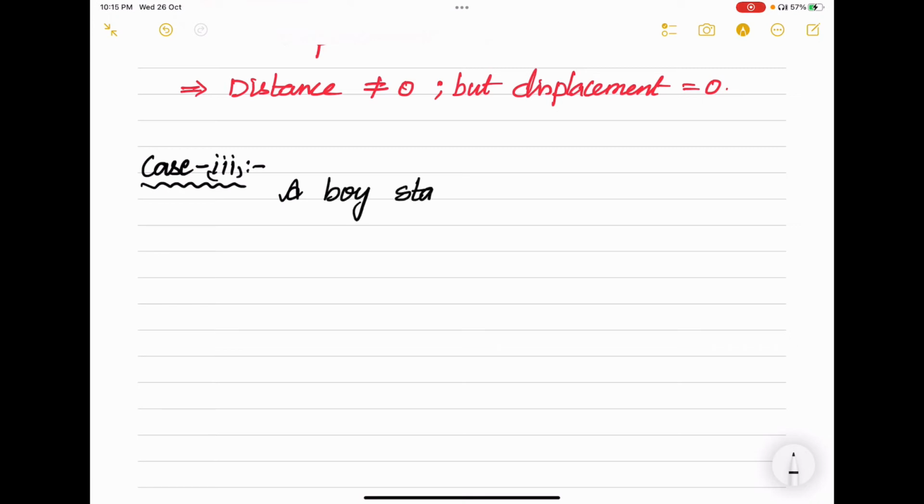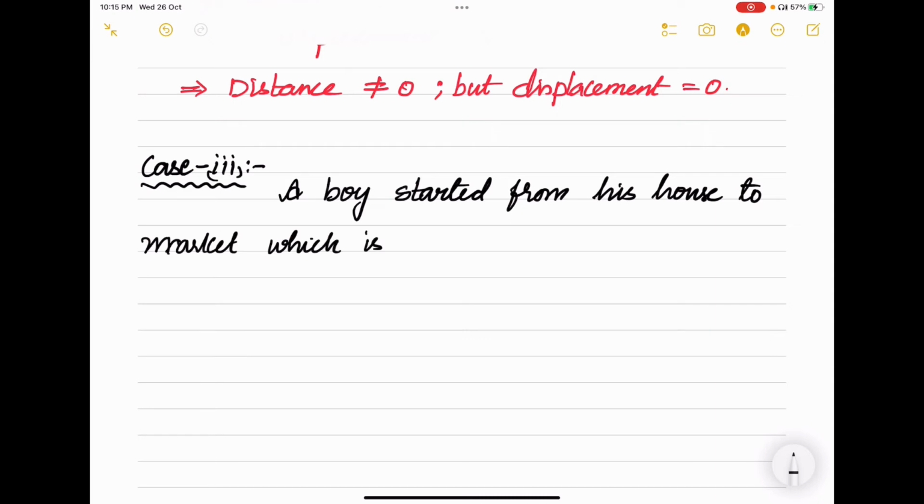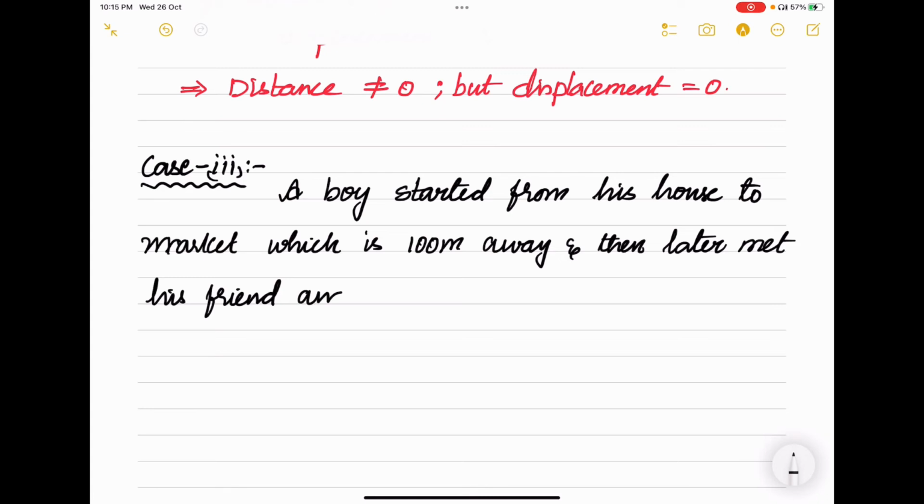A boy started from his house to market, which is 100 meter away, and then later met his friend and went to his house.